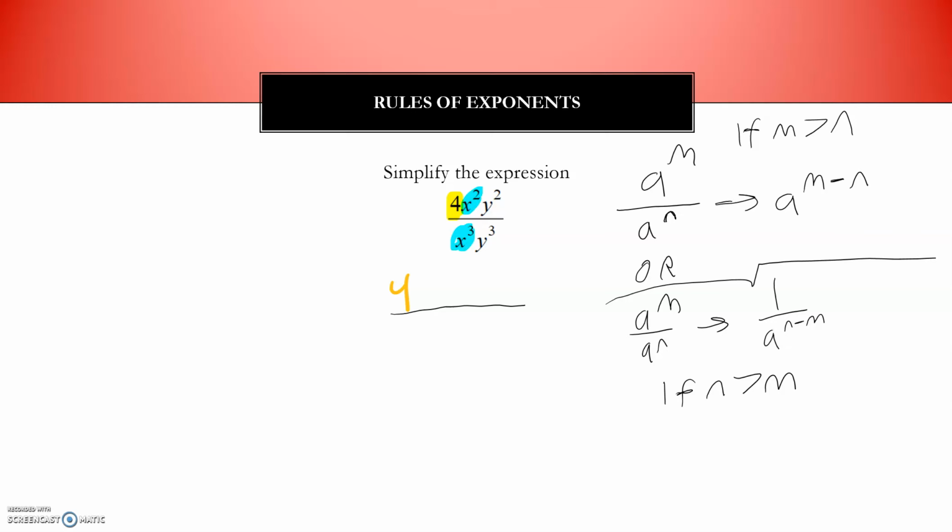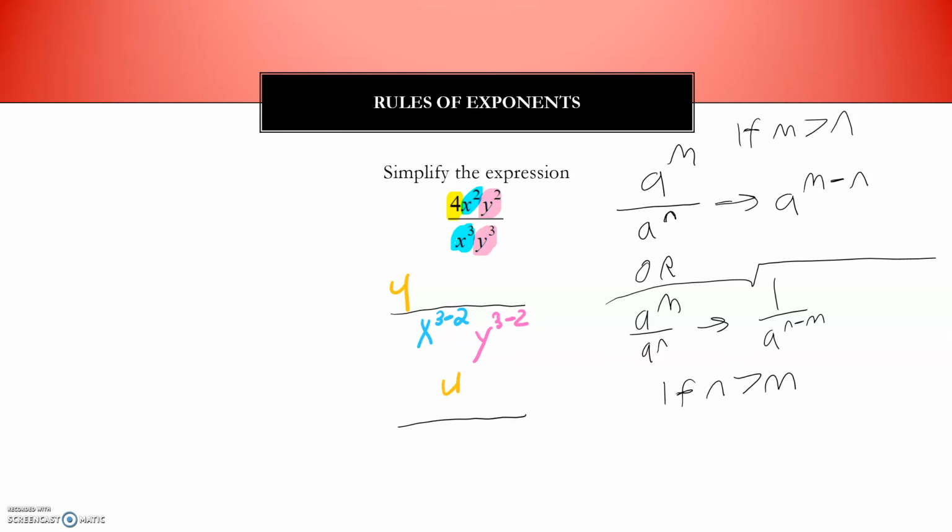So for x, we have x to the third is bigger than x squared, so I'm going to put the x in the denominator, and I'm going to subtract 3 minus 2. With y, 3 again is bigger than 2, so 3 minus 2 is going to be in the denominator. Notice that the 4 does not move.